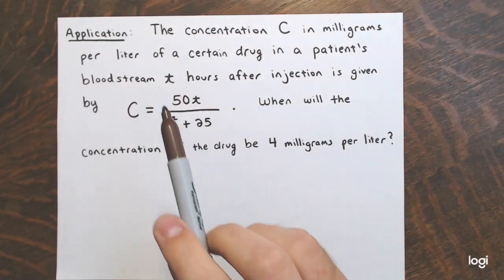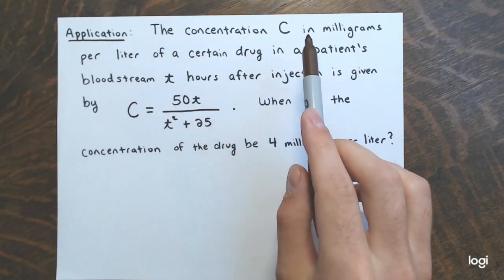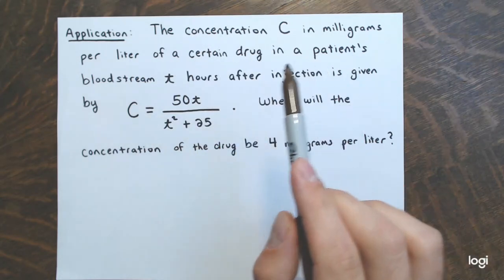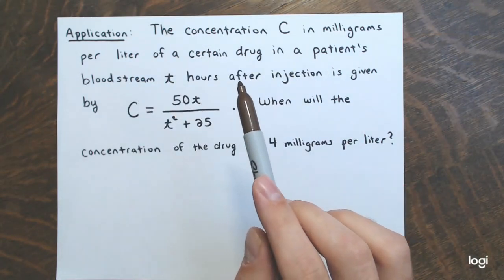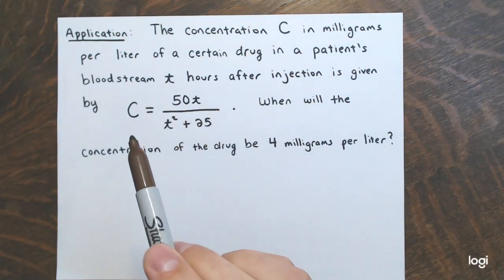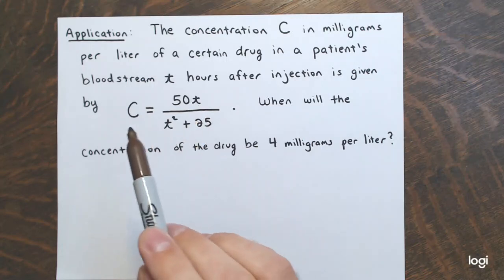So this is the concentration C in milligrams per liter of a certain drug in a patient's bloodstream T hours after injection, given by this equation. The equation's given, it's got a fraction in it, a rational expression.